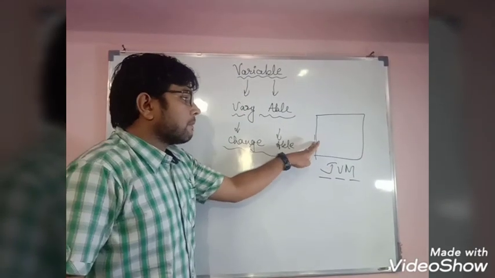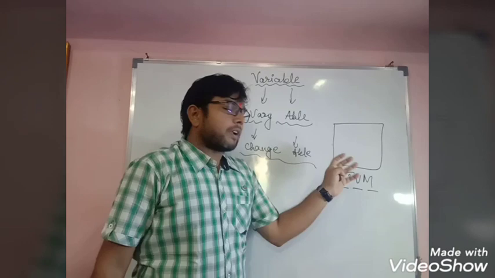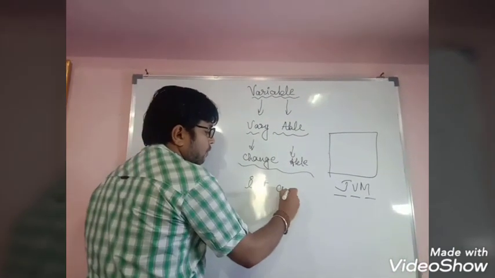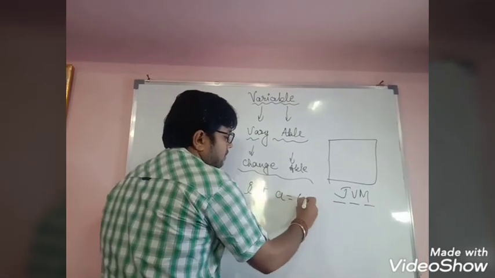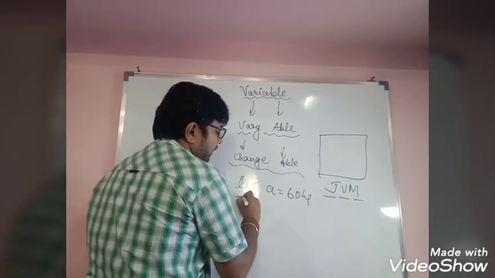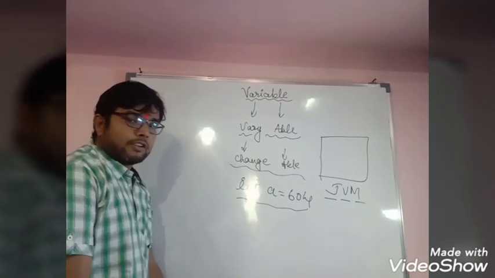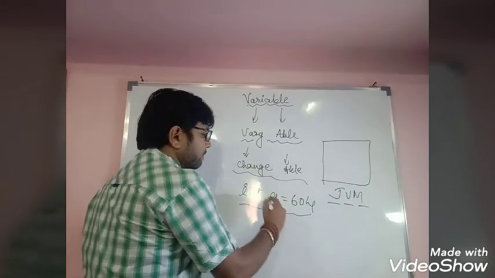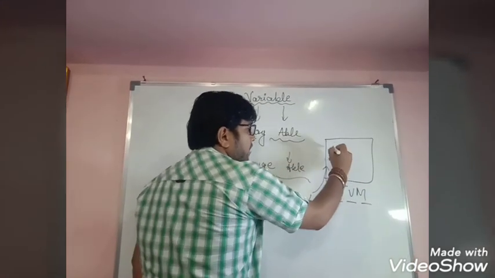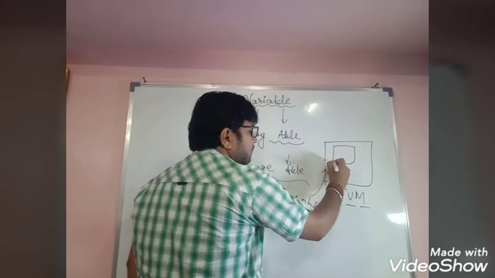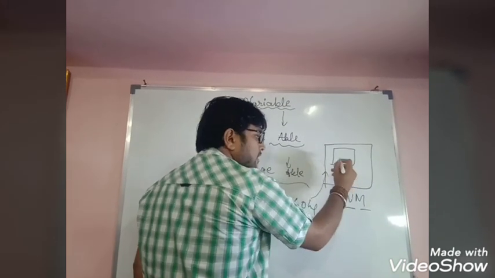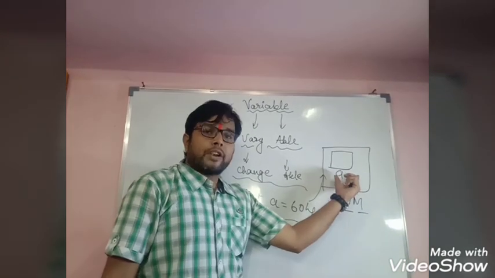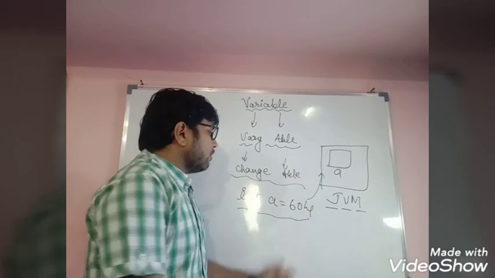When I write int a equals to 604, the compiler makes a memory allocation in the JVM with the name A. So A is allocated one memory and the value of A equals to 604.